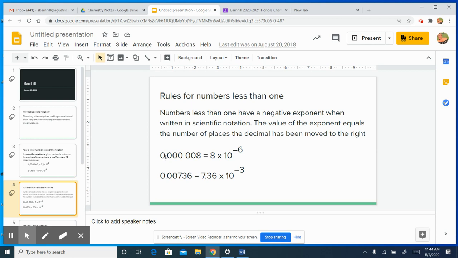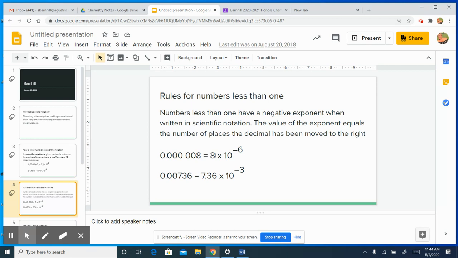0.000008, we're going to move that decimal until we have a number that's got a coefficient greater than 1 but less than 10 multiplied by 10 raised to some power. So we would have 1, 2, 3, 4, 5, 6 places we would have to move that decimal to the right to get a coefficient greater than 1.